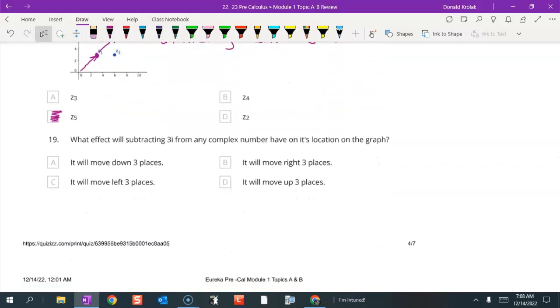Okay, what's the effect of subtracting 3i? Well, when you add or subtract an imaginary number, it moves your point up and down.